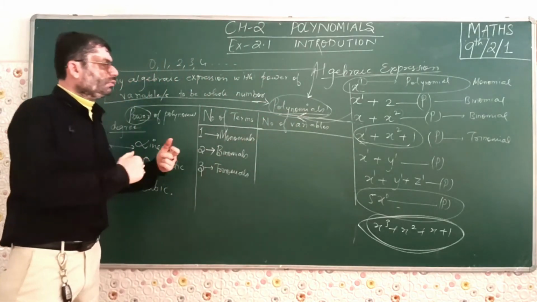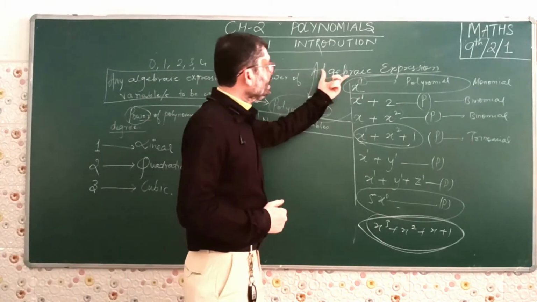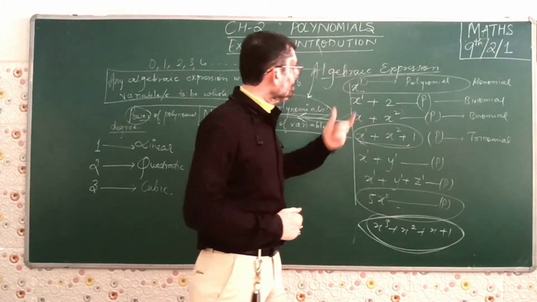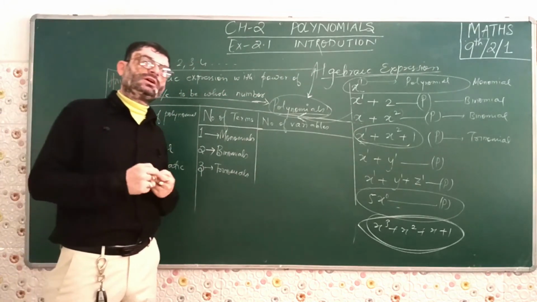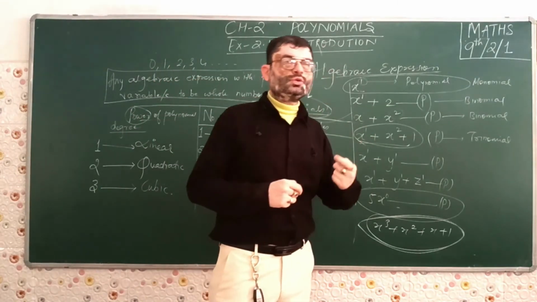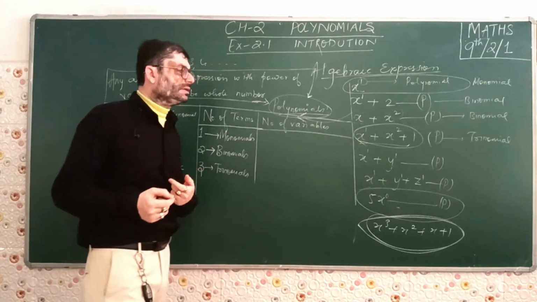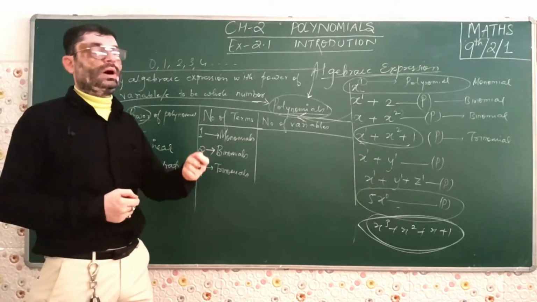Now, let us revise what we have gone through once again. We have discussed algebraic expressions. Algebraic expressions can be written in a combination form of a variable with a constant, variable with a variable. It can be of 1 term, 2 terms, 3 terms, 4 terms, 5 terms. It can have more than one variable: x, y, z.